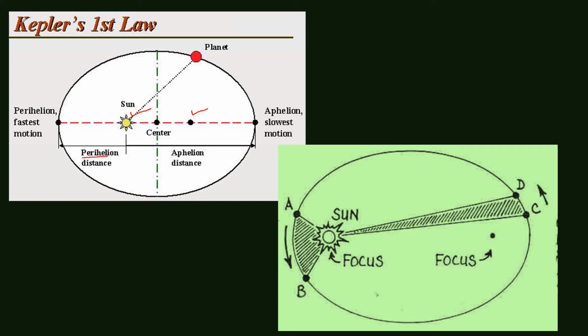Perihelion is where the satellite or the planet is the closest to the sun in this example, and aphelion is where it is the furthest. So the first law states that all planets that travel around the sun travel in some type of elliptical orbit.